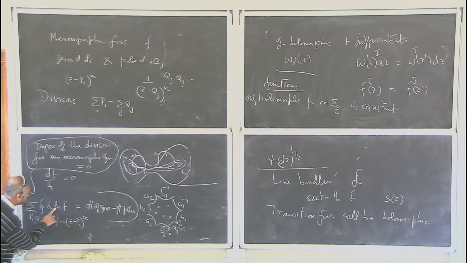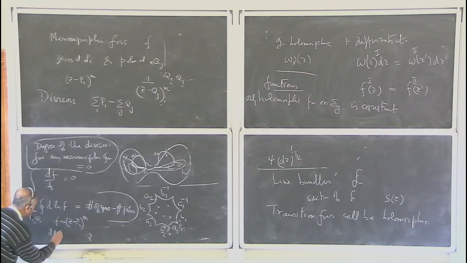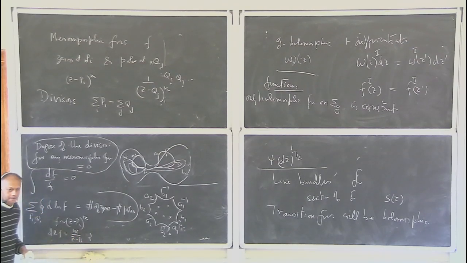Now, if I take the log of f and take the derivative, d log f will be m over (z minus p_i). And then there is always 1 over 2 pi i, which I will set to 1. So it counts the number of zeros, this one.